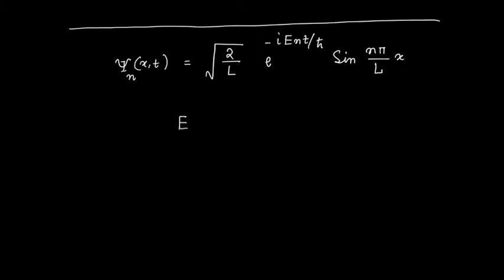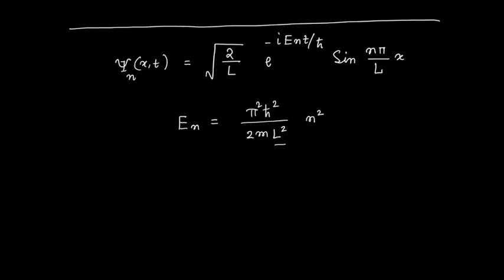And you have these discrete energy eigenvalues, which are given by pi square h cross square by 2mL square times n square. You see several things here.